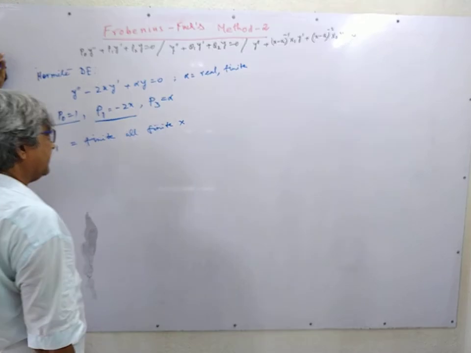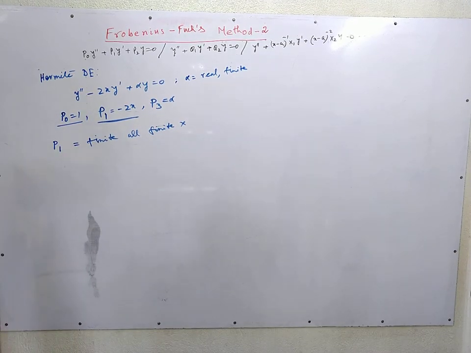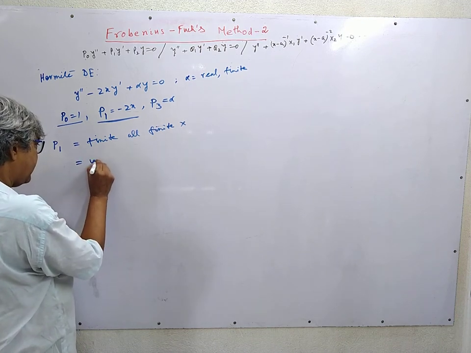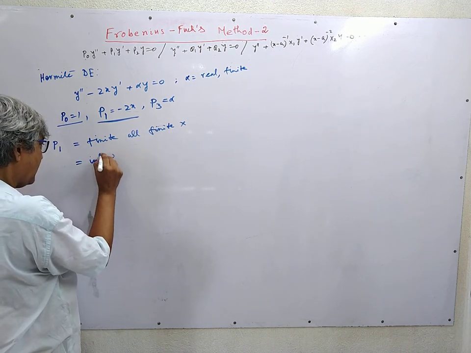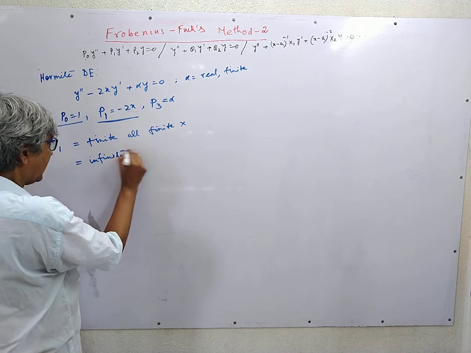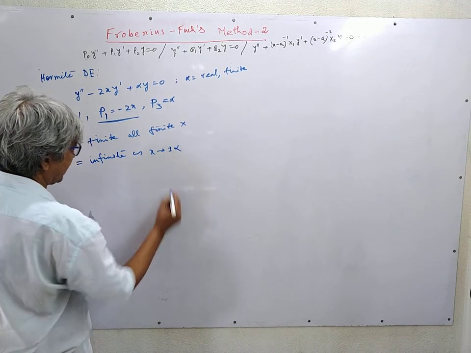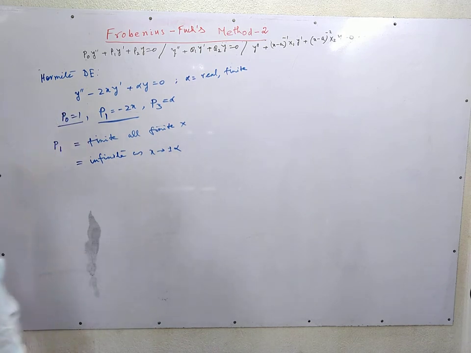So any finite value of x is a regular point, and it is infinite as x tends to plus minus infinity. So to say, the Harmonic differential equation has singular points at plus minus infinity.